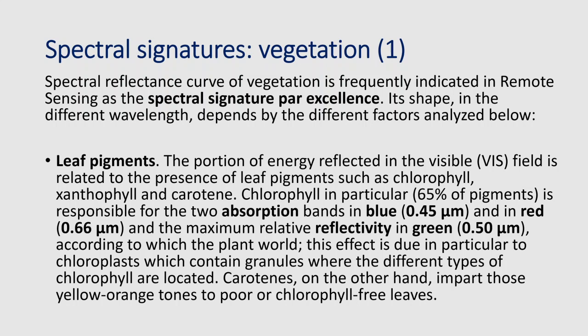And so it's not absorbing this energy, all the leaves being of course opaque, and so without any transmission coefficient. That means if it's not using the green, it's going to reflect that part of the energy.